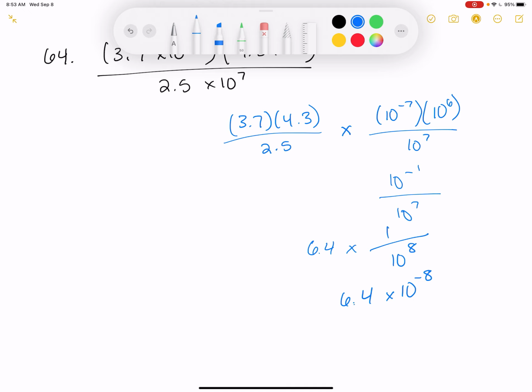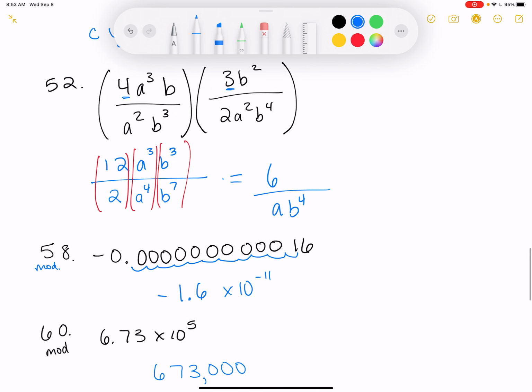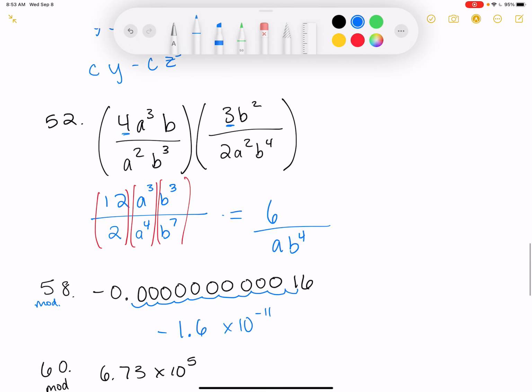So either way, in this case, let's say you had moved this 7 to the top instead and made it negative. Only because we are dealing with scientific notation is that okay. Otherwise, no negative exponent. Back up here with 52, I couldn't have moved the b to the 7th to the top and left that as b to the negative 4.